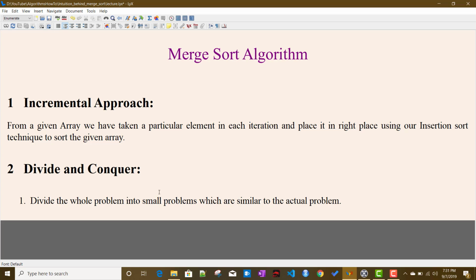That means if I talk about a sorting problem, we will divide the whole array into small subarrays so that we can try to sort them as well. Even with any other kind of problem, the small subproblems have to be similar in nature compared to the whole big problem. So this is one thing.